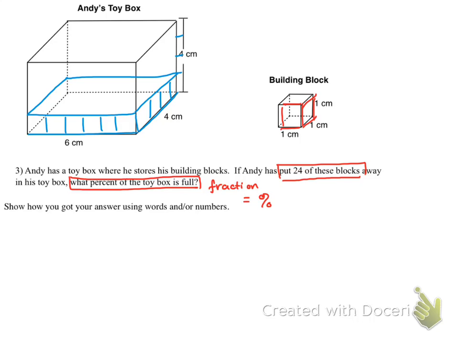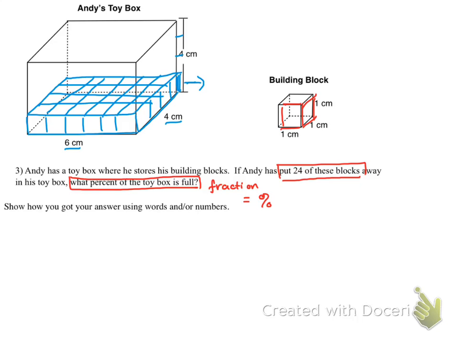Now, drawing these can be difficult, and it's not terribly important that you get your drawing perfect because you can always use the numbers. The numbers tell us that this is going to be 6 groups of 4. So how many blocks are there in that one base layer?